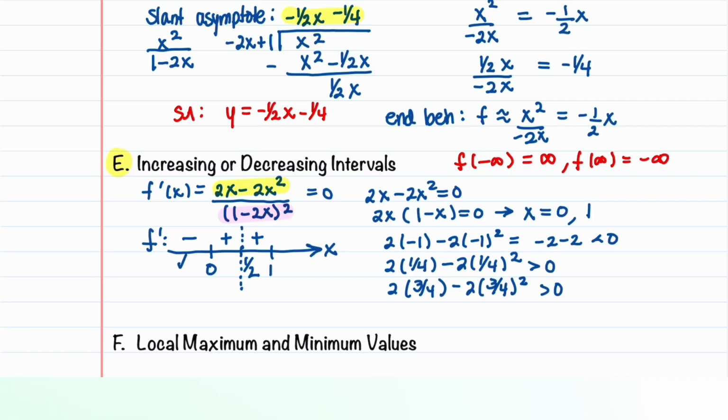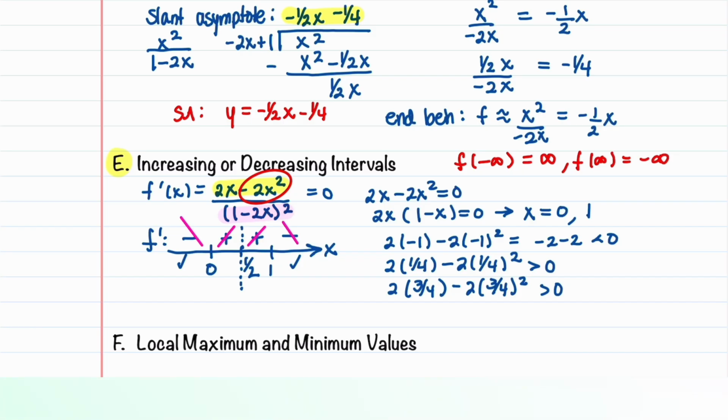And then if we look in this region to the right of 1, the only thing we have to really look at is this term right here. That's the biggest term. It is negative. So we know that f prime is going to be negative. That was pretty complicated, but we did it. Let's go ahead and put increasing and decreasing lines. Our function is decreasing here, increasing on each side of our vertical asymptote, and then decreasing here.